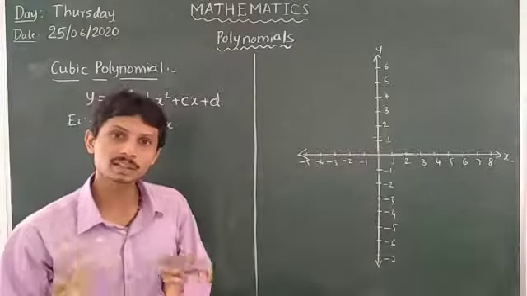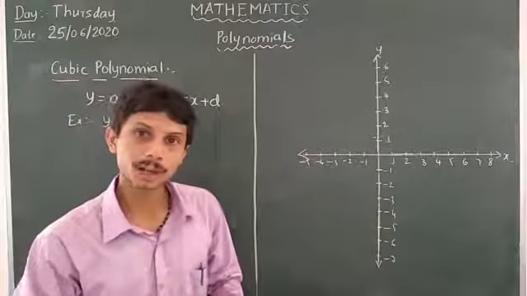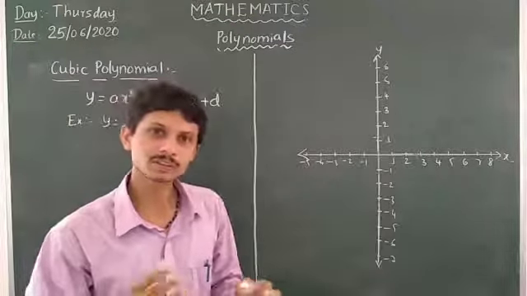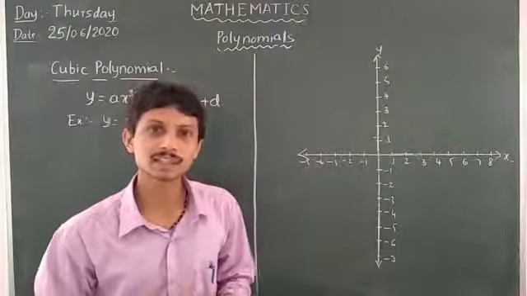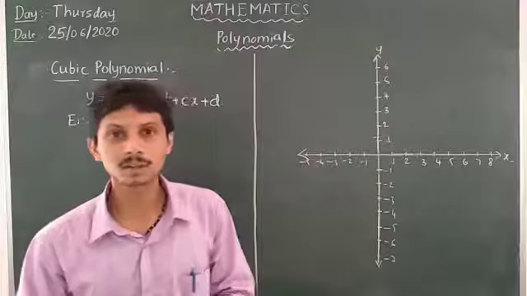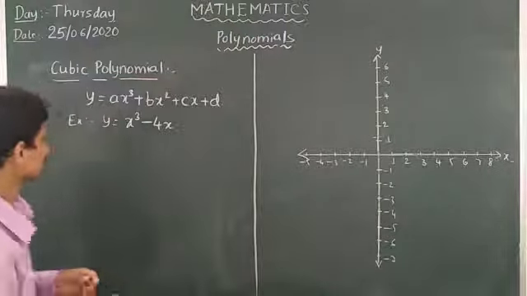When y is equal to 0, that means the value of x will be the zero of the polynomial. It is also known as the solution of the equation. Yes, let us take some values of x and we get the value of y. So let us discuss.